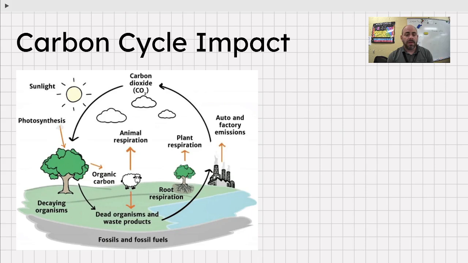And so a lot of the CO2 that would otherwise be released into the atmosphere is sort of taken up into the plant and stored, and so this is a good thing. CO2 is not good for the environment, at least in large quantities, and trees act to sort of keep that, which is good.